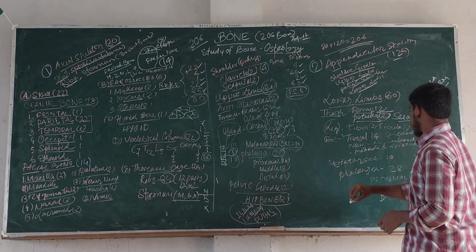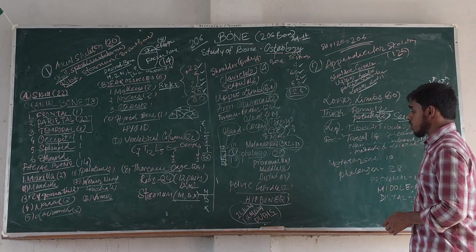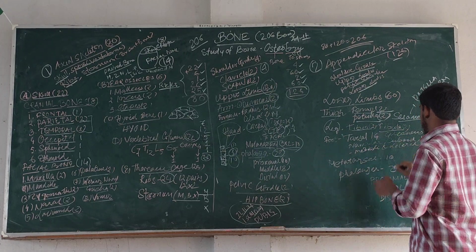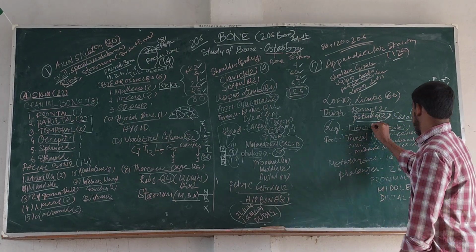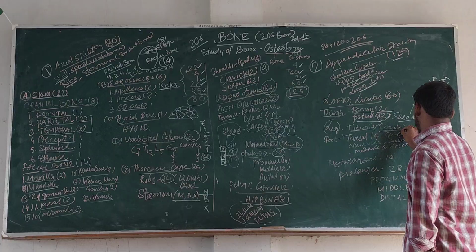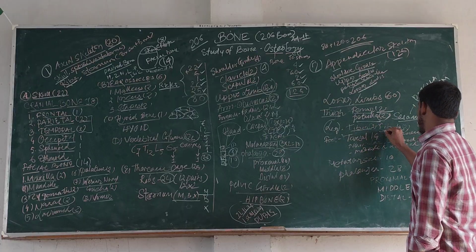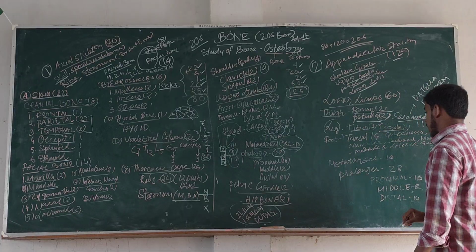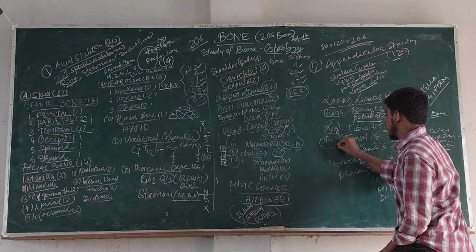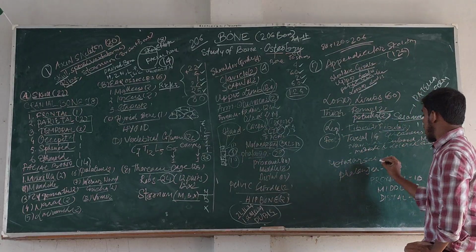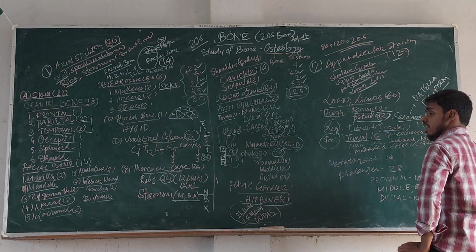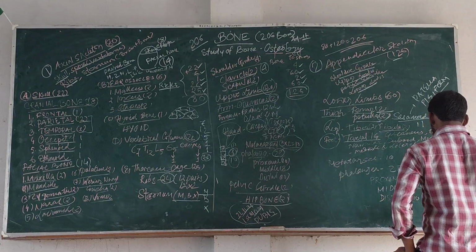Then the leg. There are 2 bones, tibia and fibula, in each leg. Tibia is 1 and fibula is 1 in one leg, and tibia is 1 and fibula is 1 in the other leg. Then the foot. In case of the foot, there are 14 tarsal bones or 7 pairs of tarsal bones.